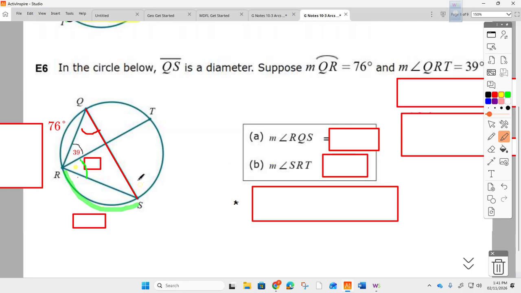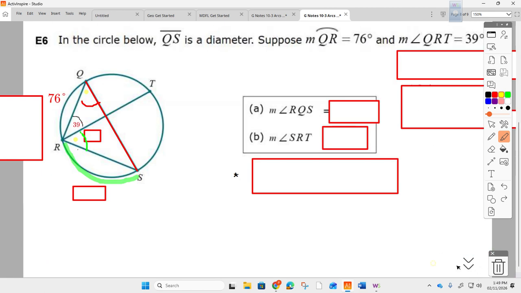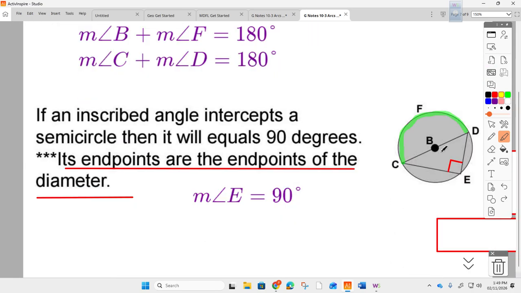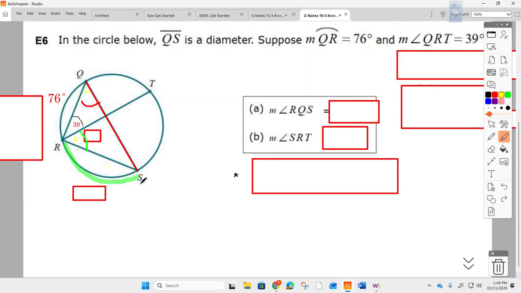We're going to start with the measure of angle SRT. Hopefully you're noticing this is a diameter. This is an inscribed angle where the endpoints are on the diameter.